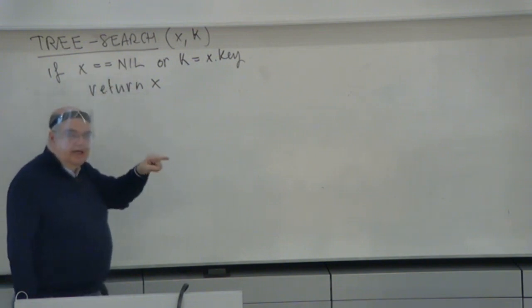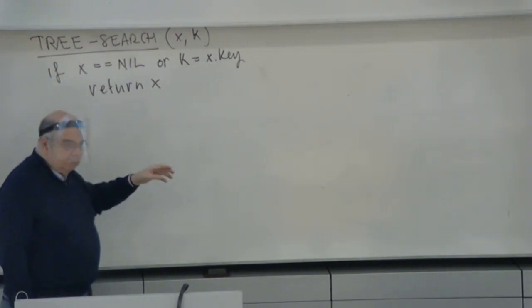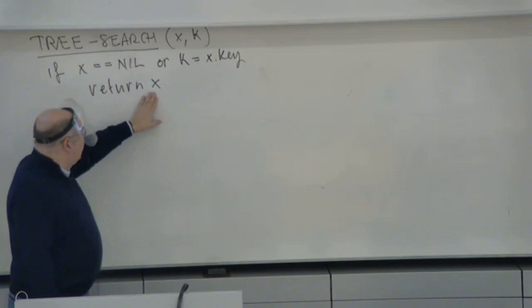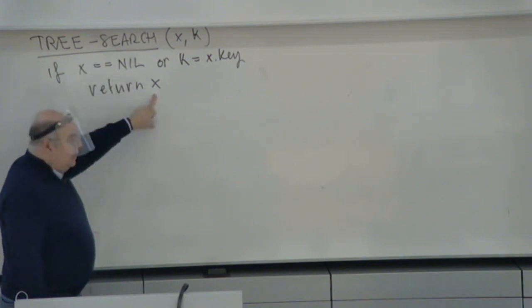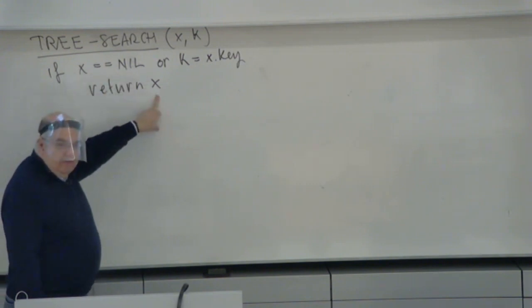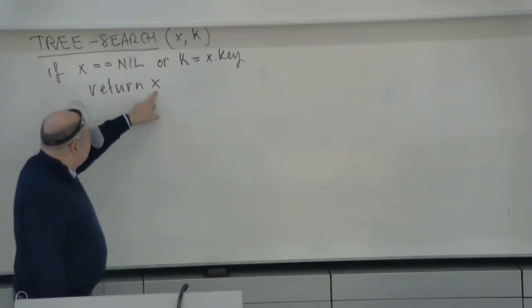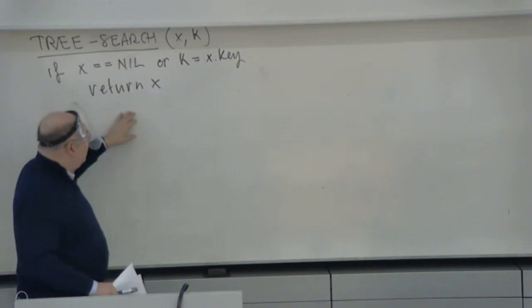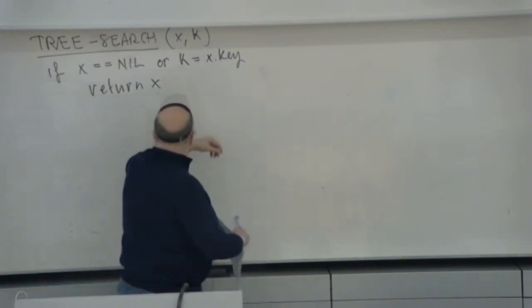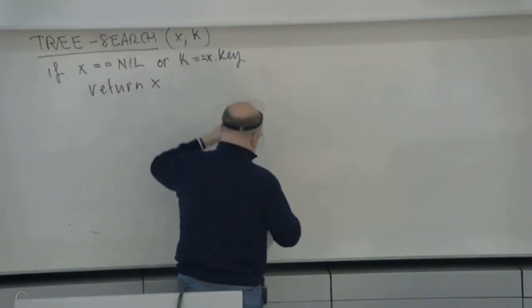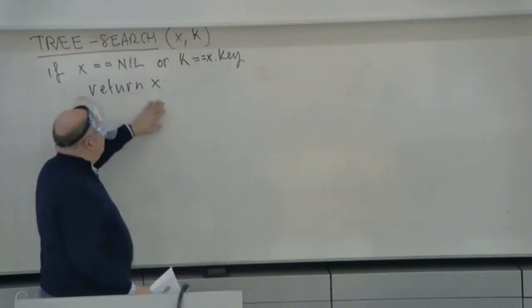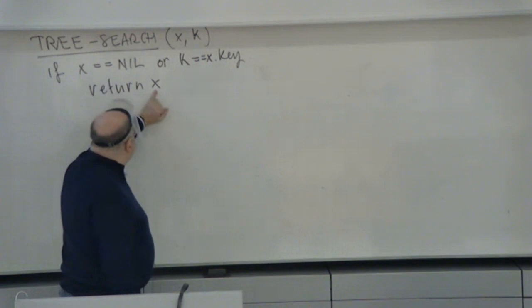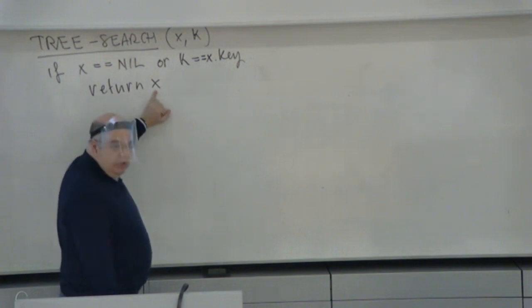If you want to tell the user that you didn't find the node, you just return x, which is returning nil, so you are returning nothing.